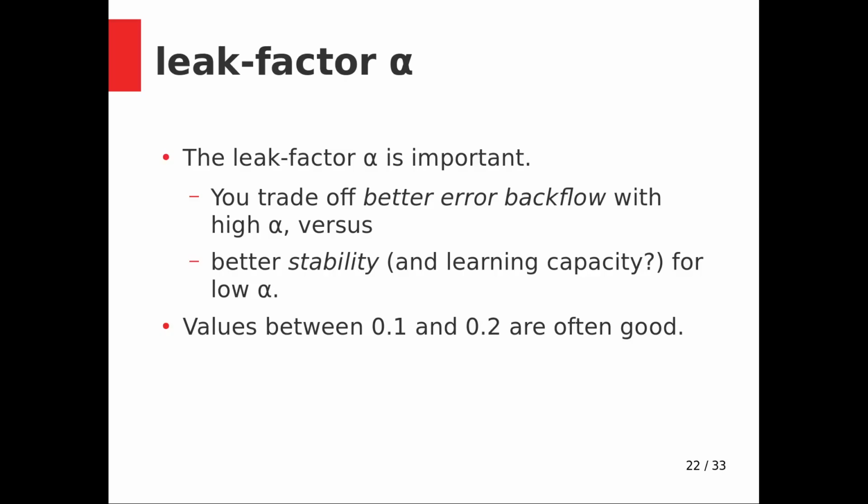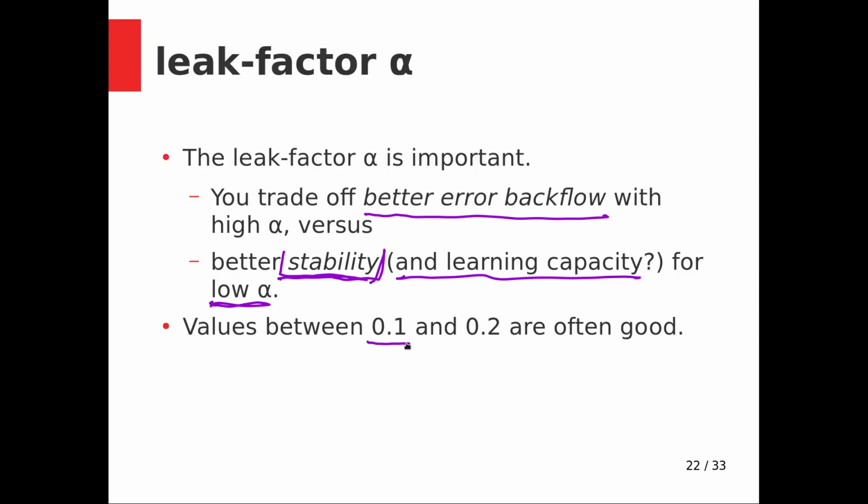You'll lose computing power, and you also potentially will trade off stability, because as it turns out, the network being able to saturate is actually kind of important for it being able to settle down into a stable behavior regime. So small alpha is going to get you better stability and maybe better learning capacity, question mark? Whereas large alpha is going to get you better error backflow.